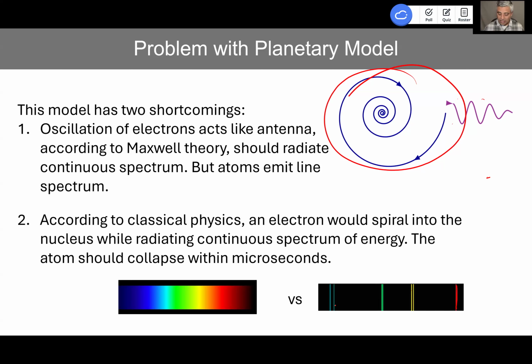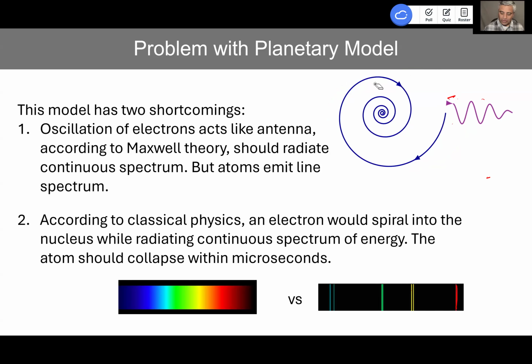Another problem: once it spirals, there is negative charge and there is positive charge. So it should just go and combine with the positive charge and the atom should collapse, right? For example, if the planets all fall into the sun, what's going to happen? That's the collapse of the solar system. Same idea.